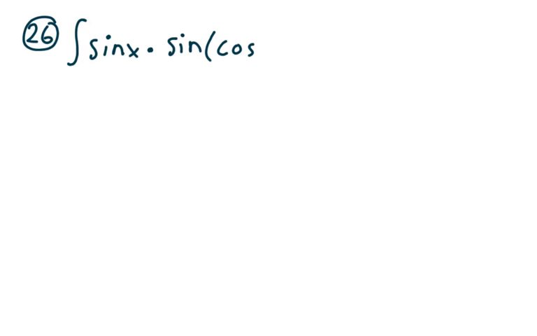Let's take a look at 26. Suppose I had the integral of sine x times sine of the cosine of x dx. It's another classic u substitution problem, and it looks a lot worse than it is.